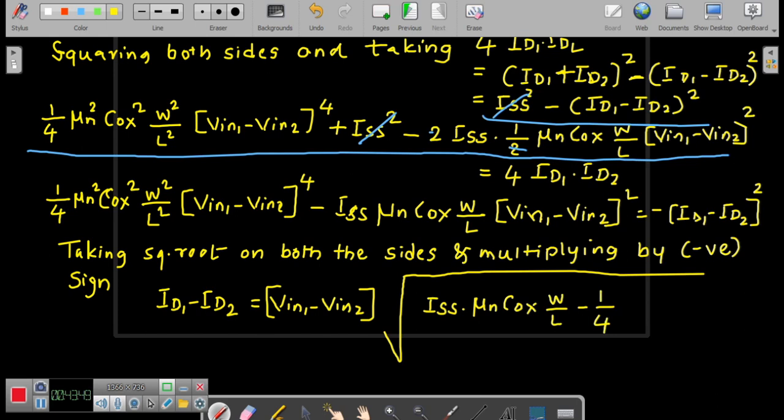So they are interchanged now. So this is mu n square Cox square W square divided by L square. All these are squares into (Vin1 minus Vin2) square.